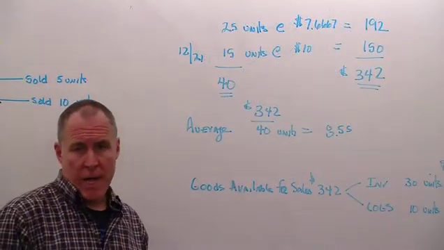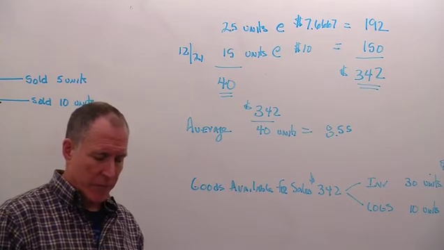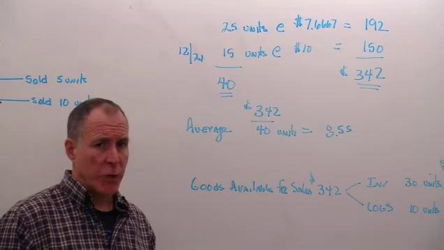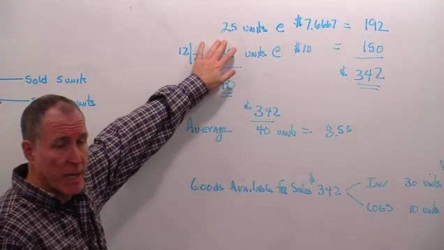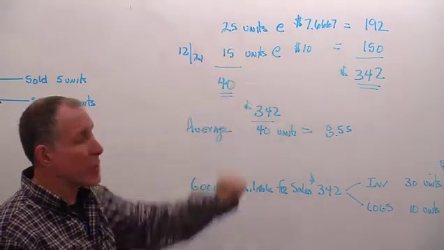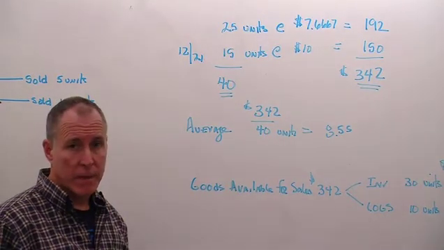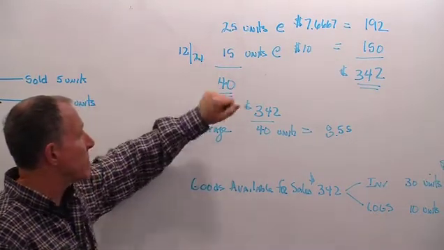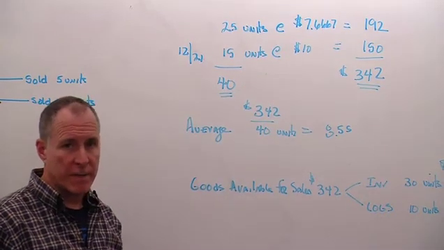Okay, so now what we have to do is re-average the average for the sale that took place right at the end of the month. At that point in time, just before we sold the goods, we happen to have those 25 units that we had left over from the first sale, and those were at $7.6667 or $192. Now, we're going to use that when we buy more goods, and we bought more goods on the 21st, 15 more units at $10 a piece or $150.